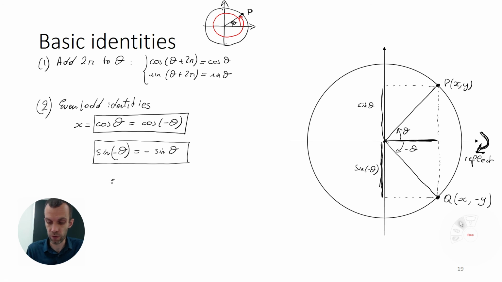So for instance, let's do two quick examples. If I ask you what is sine of minus pi over 4, and use this identity, you say it's minus the sine of pi over 4, or minus square root of 2 divided by 2.